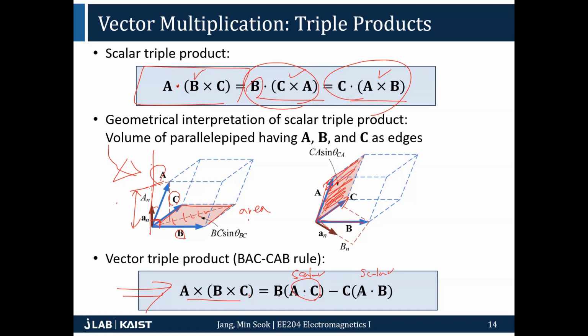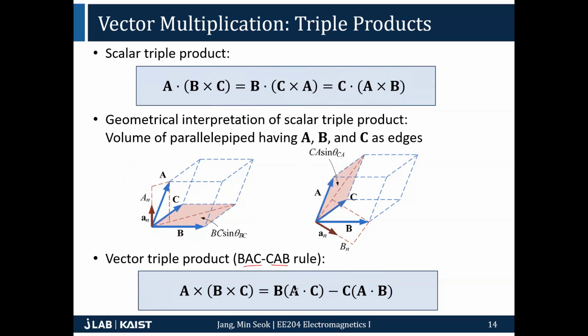So this is just a subtraction of two vectors. This is called the BAC-CAB rule, and the name is just to help you memorize it more easily. People actually call it the BAC-CAB rule. This expression is useful many times, so it's probably better to memorize it.